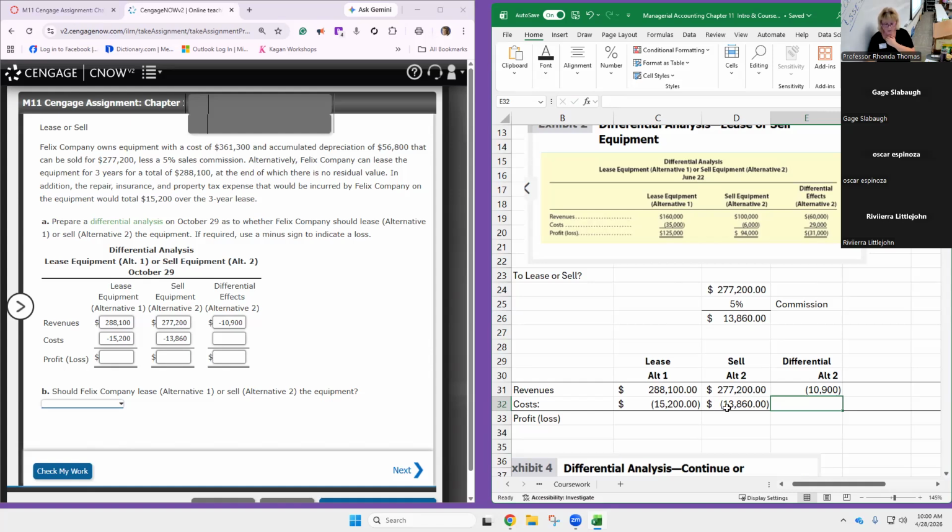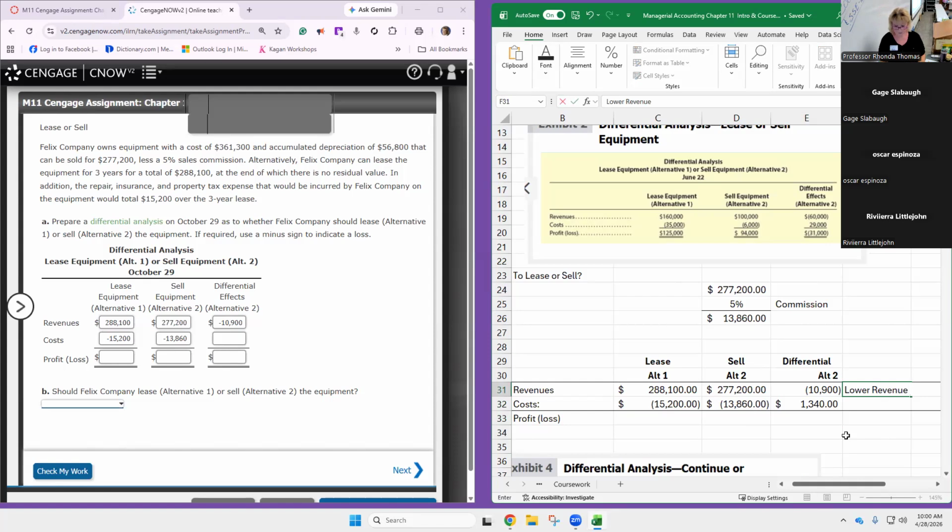Okay, so now let's do a differential between these two. The good news is this alternative is actually lower in cost. Let's subtract and see what we get. Okay, there it is. Once again, please remember that this is a revenue, and lower revenue is unfavorable.